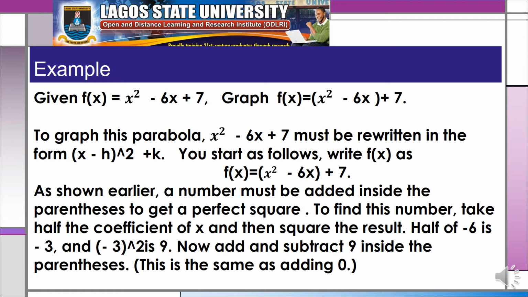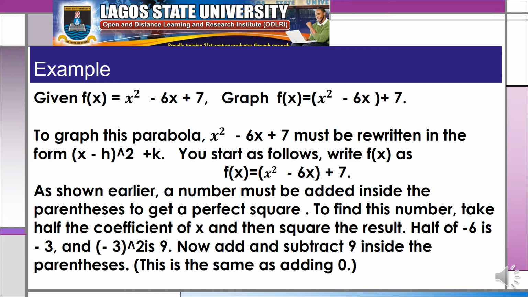To graph this parabola, x squared minus 6x plus 7 must be rewritten in the form (x minus h) squared plus k. You start as follows. You write f of x as (x squared minus 6x) plus 7.